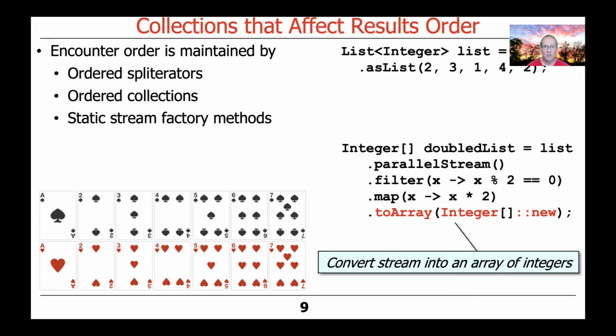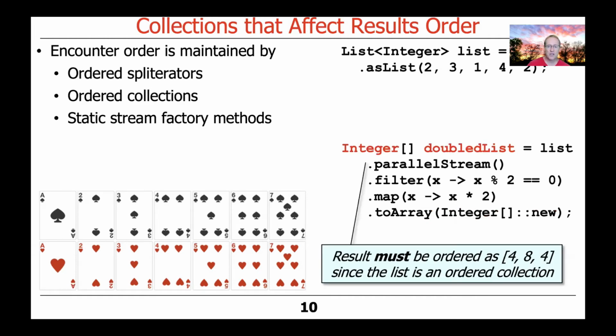So you can see here we use the toArray terminal operation, passing in an array constructor reference. So Integer[]::new is the syntactic representation of something that will make a new array. And of course, that new array will contain the elements 4, 8, 4 in that order. So that's what's going to come out. So the results here have to be ordered as 4, 8, 4.